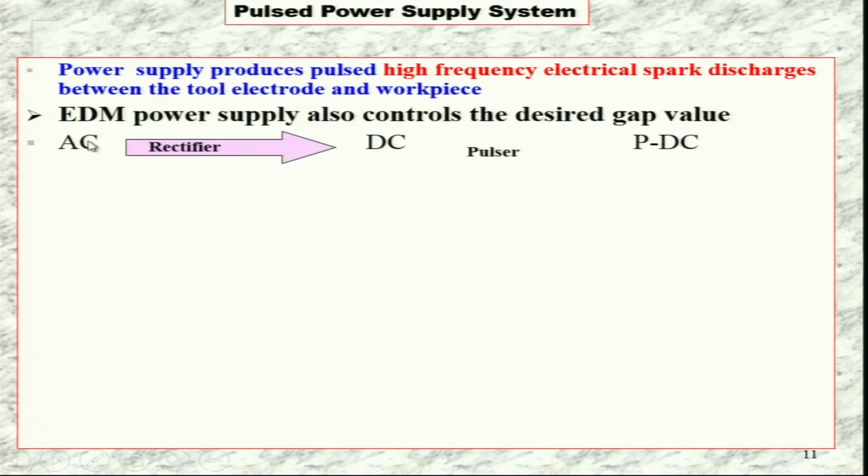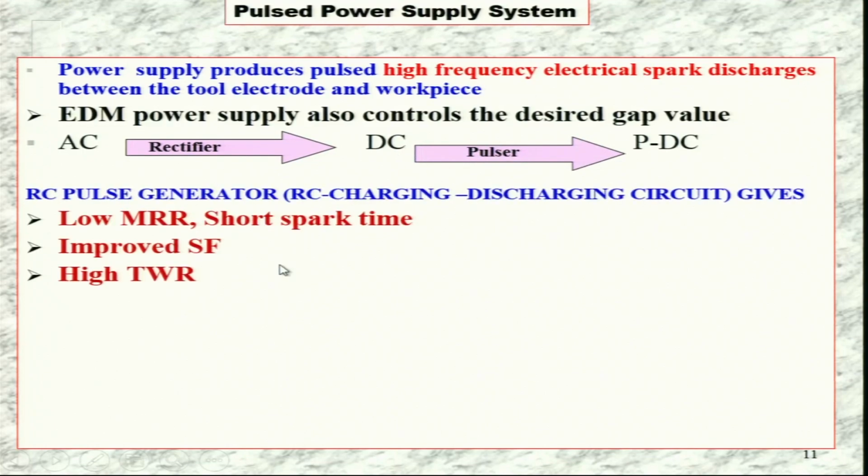You normally have the AC power supply, you use the rectifier to convert it into DC, then you convert the DC into pulse DC. RC pulse generator, RC charging discharging circuit gives low material removal rate, short spark time, improved surface finish and high tool wear rate.